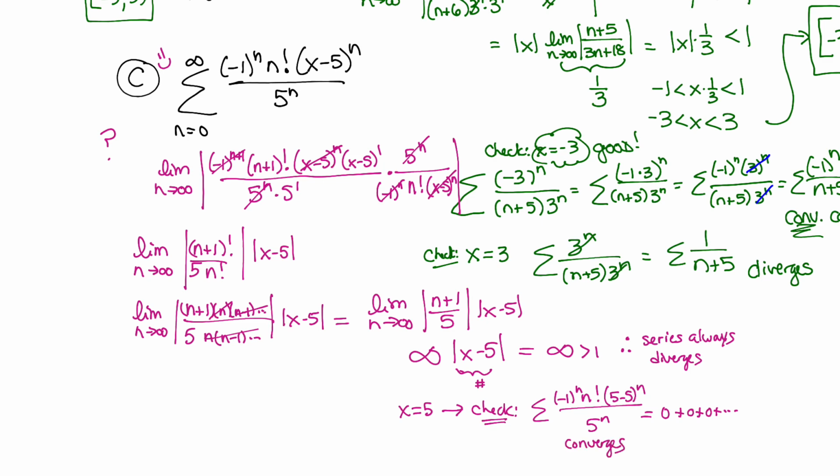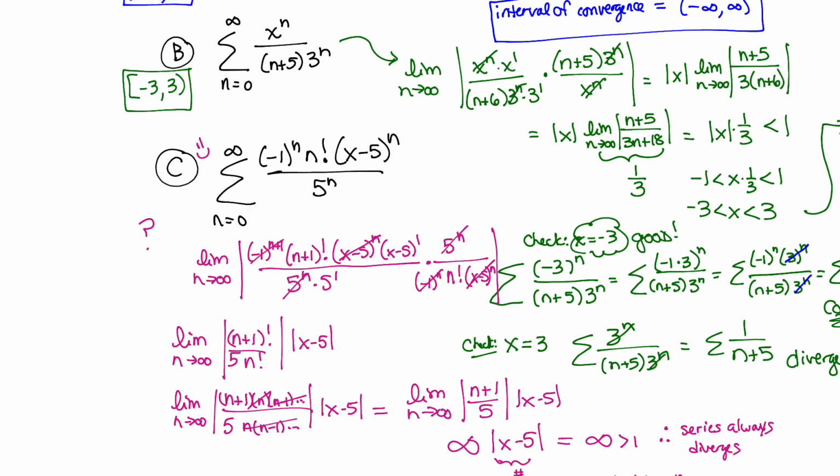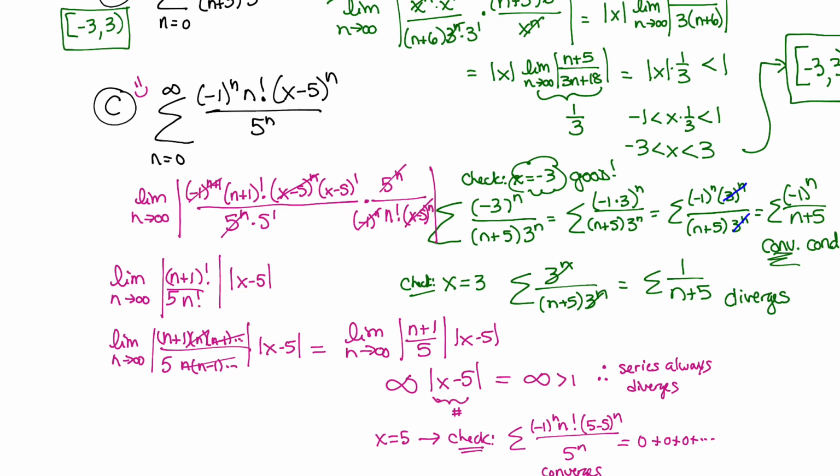And so this last one, it's tricky, but why are we checking x is 5? Because we get infinity for this limit part right here. Now, infinity times any number is infinity.